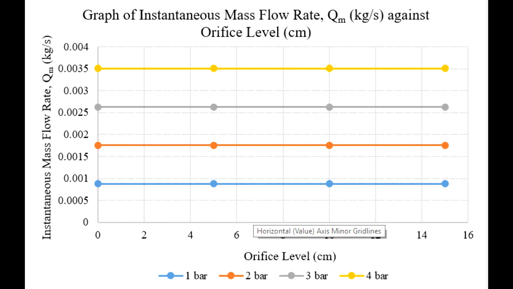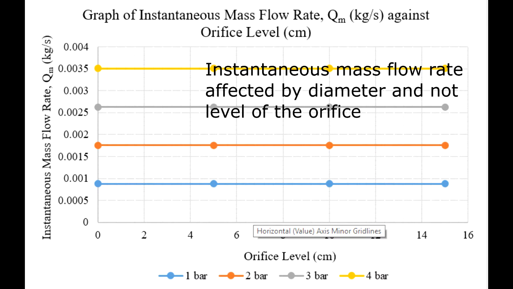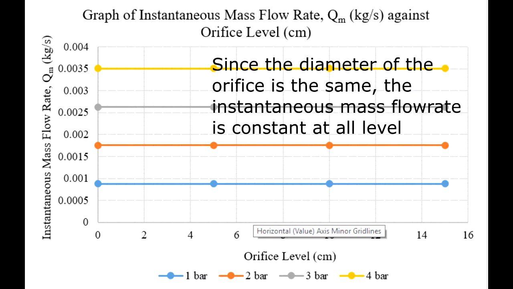This is because instantaneous mass flow rate is affected by the diameter of the orifice. Since the diameter of the orifice is constant at 2.8 mm for all four levels, at all pressure heads, the instantaneous mass flow rate of air is therefore constant for all four levels of orifice.